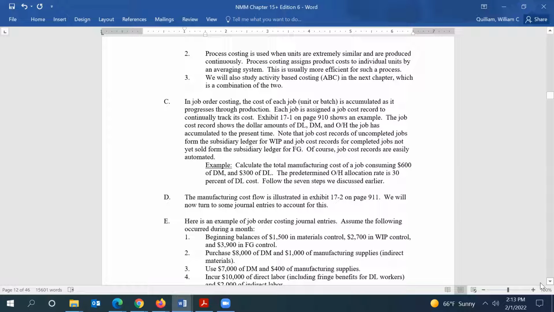So we may as well wait until the end of some time period and then total up all the direct materials, all the direct labor, and all the overhead during that period. Then we'll divide by the equivalent units that we produced. So that's something we would get into in upper division cost accounting, which is just to let you know it's out there.